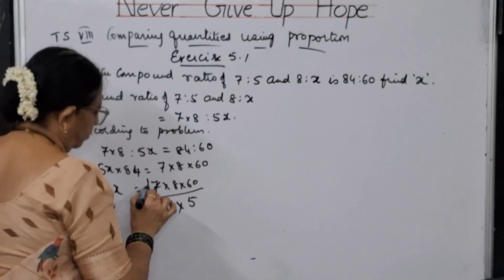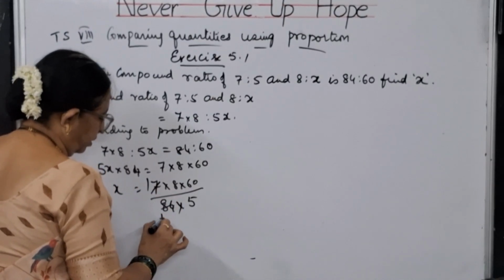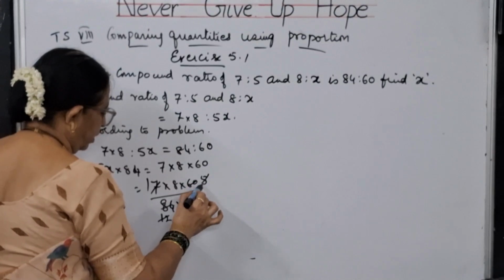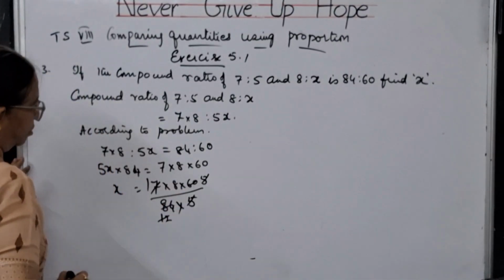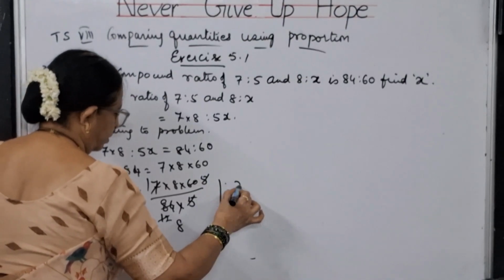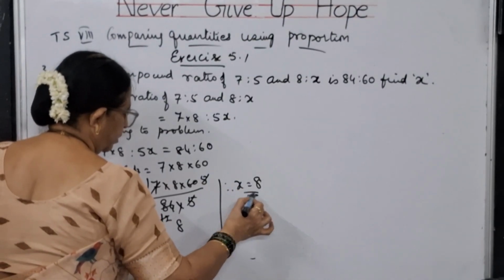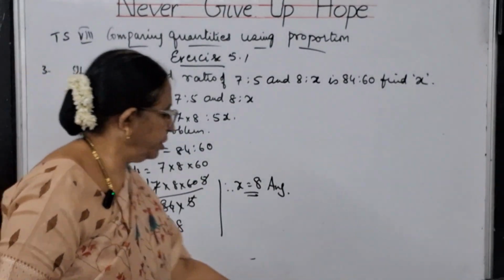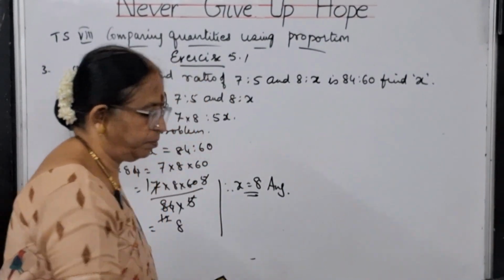So you can write: 7 ones are 7, 7 twos are 12, 12 fives are 5, and 5 will get cancelled. So what is left behind? 8. So x is equal to 8 is the answer for this problem, children. Please copy it. This is third one.